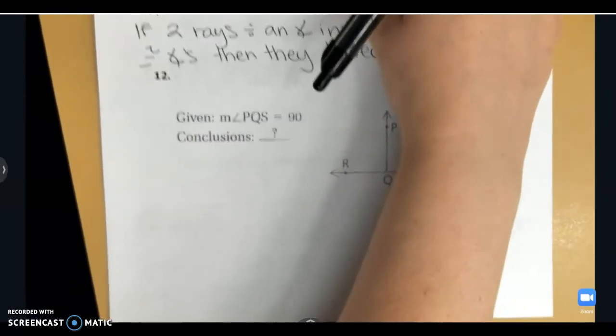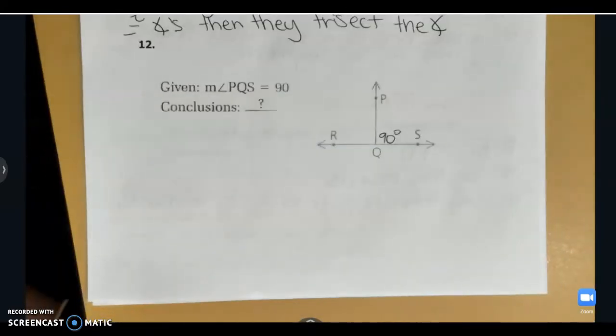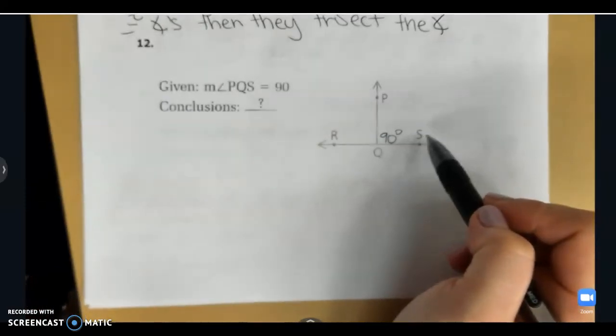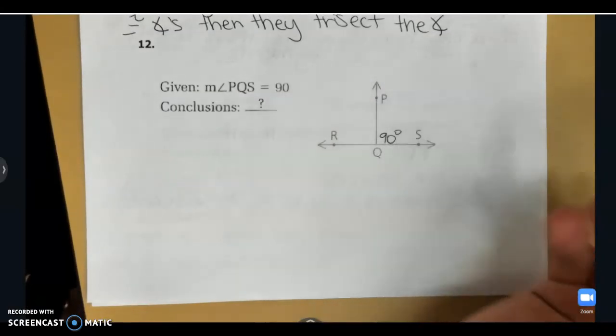And last but not least, number 12, we're told that PQS, this angle, is equal to 90 degrees. So in the long run, what we can conclude here, if PQS is 90 degrees, that means that PQS is a right angle.